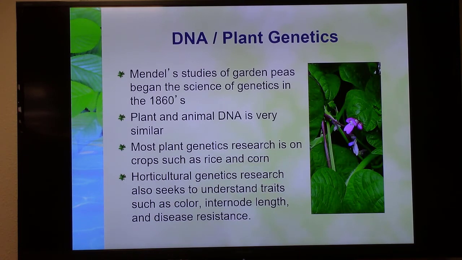He was in a monastery, and they thought that studying mice would not be a very moral thing to do, because he would be making the mice breed. He wanted to study that, and so they said, no, but you can raise plants in the garden. So he did, and he happened to choose garden peas, and he kept wonderful records that were lost, so we can't look back at them.